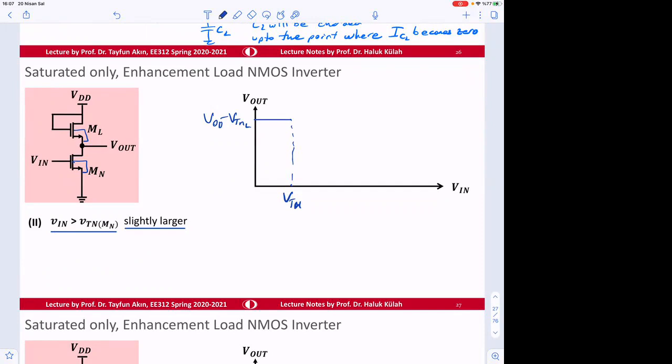For the slightly larger case, we know that ML is still in SAT, and that's always in SAT. What about MN? It is also in SAT, I think.